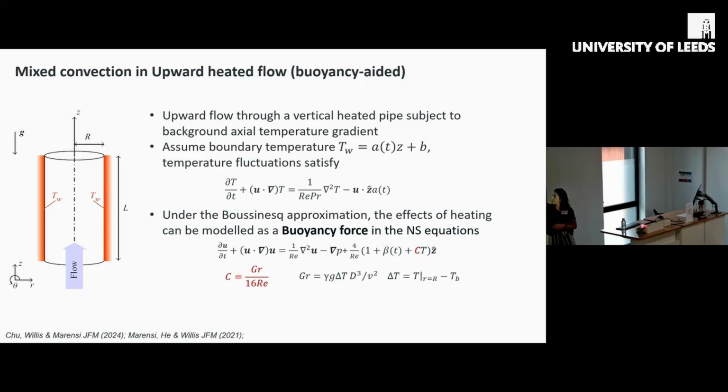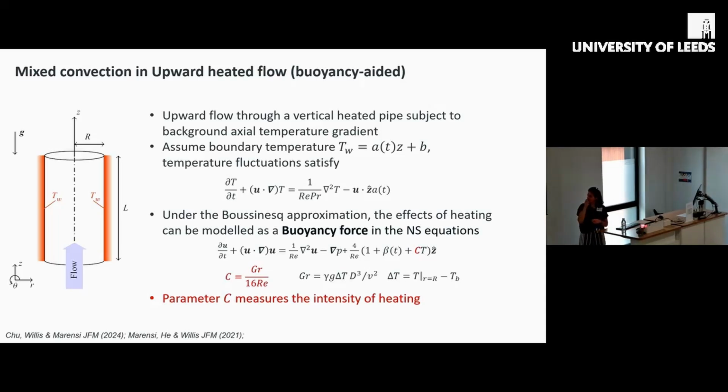And this parameter here, C, basically measures the ratio of the buoyancy force with respect to the force that drives the laminar isothermal pipe flow, so basically the laminar isothermal pressure gradient. So this C here is a measure of the intensity of heating. So it will be an important parameter for us.